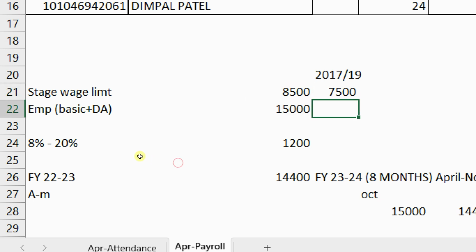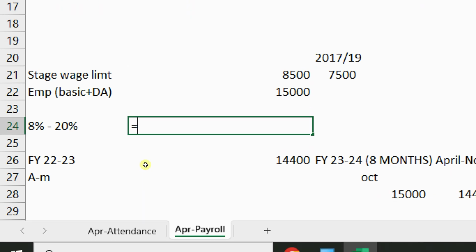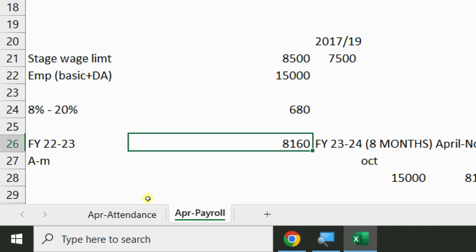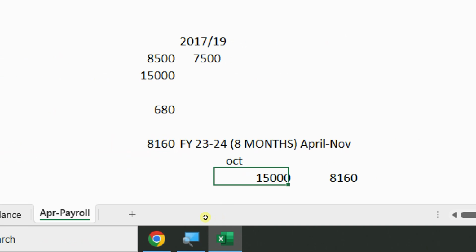In this case, what is lower here? So on 8,500 at 8%, he will not receive bonus on the total 15,000. He will receive bonus only on 680. 680 multiplied by 12.